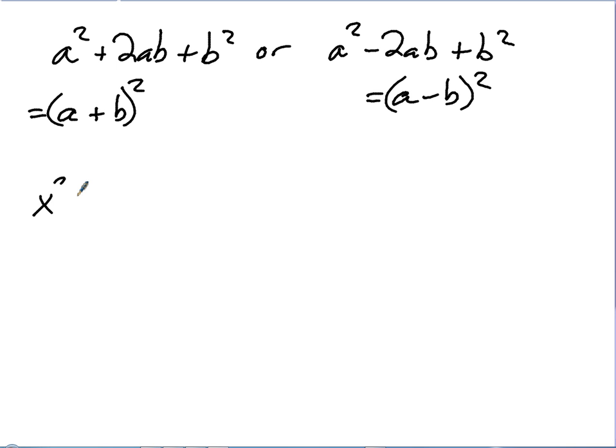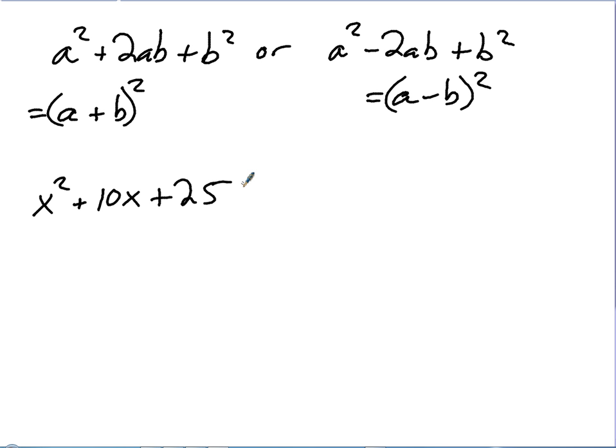Say you had x squared plus 10x plus 25. What you look for with this pattern is if the constant is a perfect square, like 25, which is 5 squared, is the term in the middle 2 times that number?